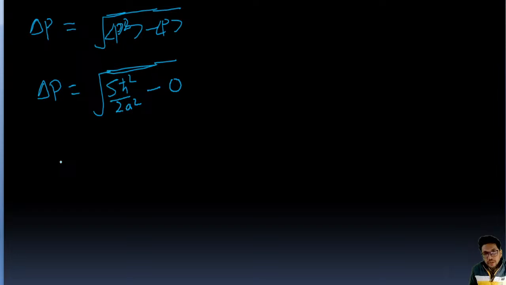I have already explained. So delta p equals root 5 upon root 2 h cut upon a. This is the answer.